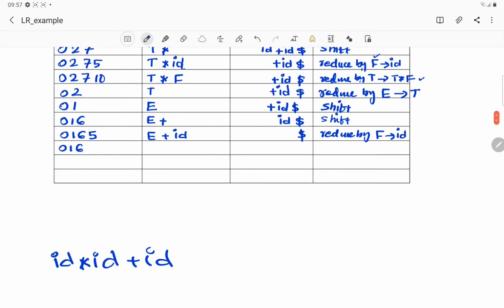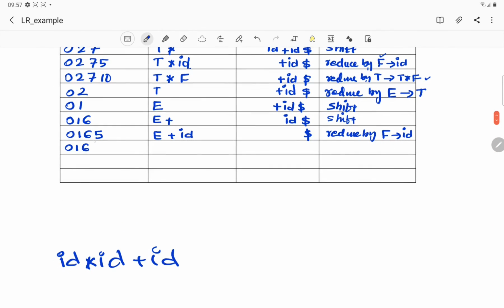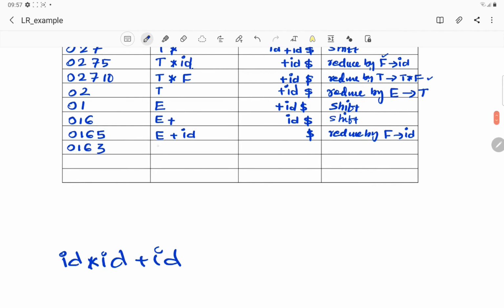So we have to push 3 here, and this will become E plus F, because that id will be reduced by F, and dollar.